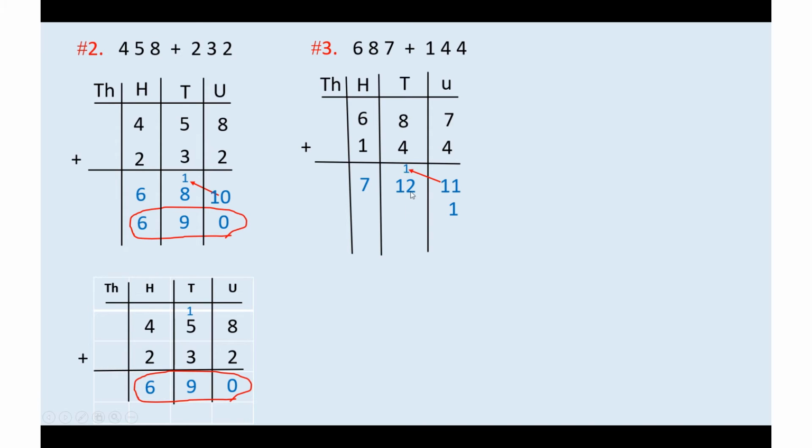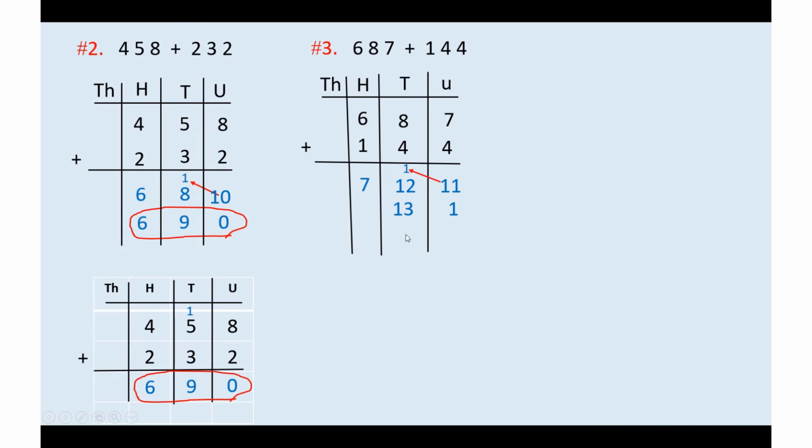So 1 plus 12 will give us 13. We don't have to write 2 digits in the same column, so we can write 13 here. 13 here is 13 tens. 13 tens will give 130. So we have to leave this 3 here, that stands for 3 tens, and carry this 1 to the hundreds column because this is 130.